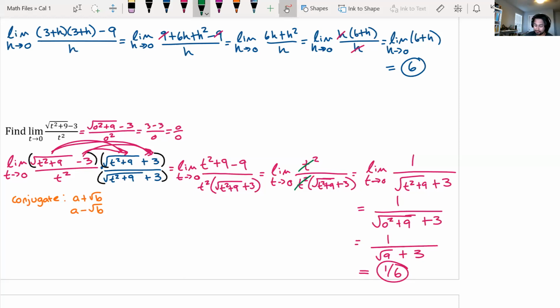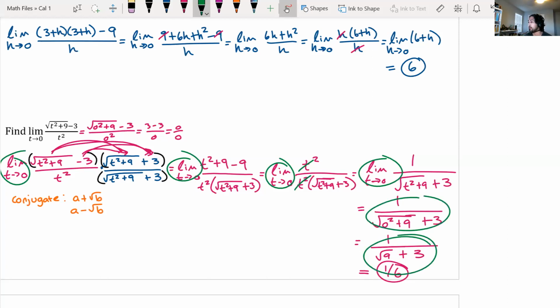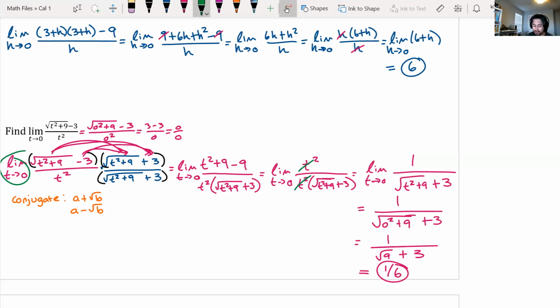The limit's there, the limit's there, the limit's there. And since I can't simplify anymore, I plugged in 0, so I don't need the limit on these steps anymore. Okay, so after you plug it in, then you don't have to keep writing it. Exactly. Thank you.